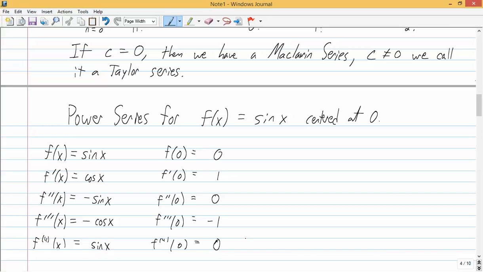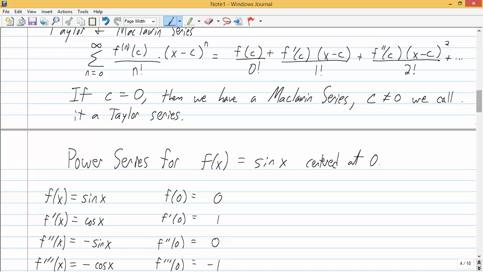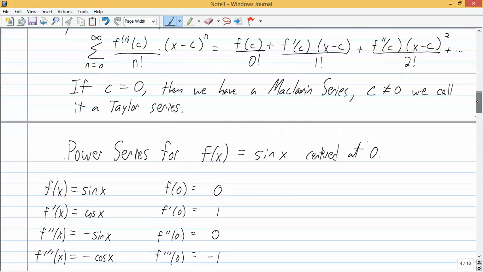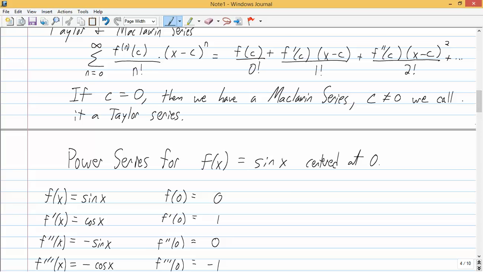Alright, now if we apply the Maclaurin or Taylor formula to that, then I can write out a couple of terms here.